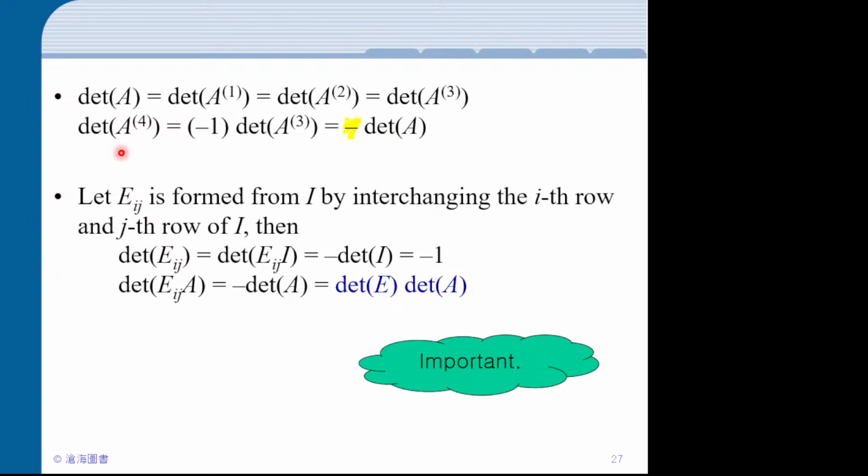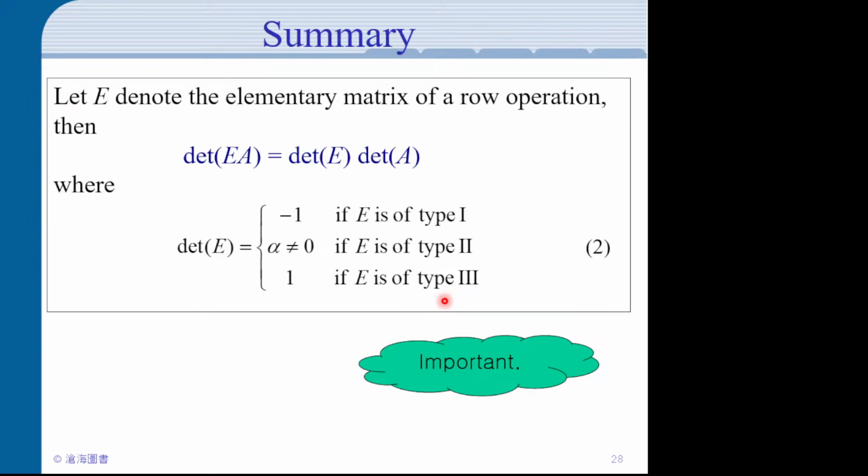So for all elementary operations, we have the determinant of EA equal to the determinant of E times the determinant of A. That's really cool. So here's the summary: the determinant of EA equals the determinant of E times the determinant of A for any elementary matrix E. And for the determinant of E, we have three different types.